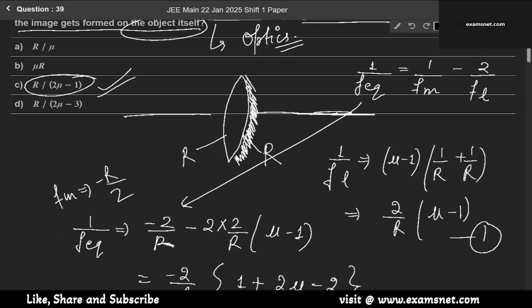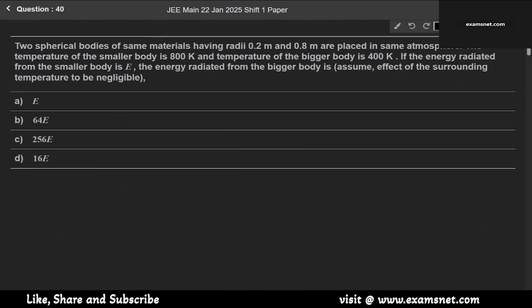Okay, now next question 40. Two spherical bodies of same material having radii 0.2 meter and 0.8 meter are placed in same atmosphere. The temperature of the smaller body is 800 Kelvin and the temperature of the bigger body is 400 Kelvin. If the energy radiated from the smaller body is E, what is the energy radiated from the bigger body?